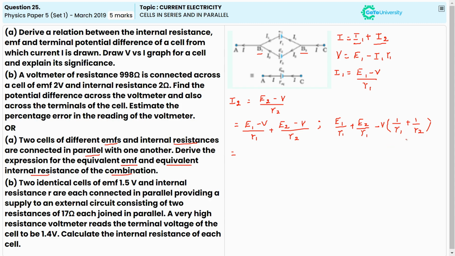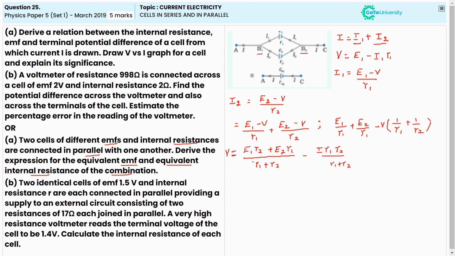Further simplifying, I get V is equal to E1 R2 plus E2 R1 divided by R1 plus R2 minus I times R1 R2 divided by R1 plus R2.